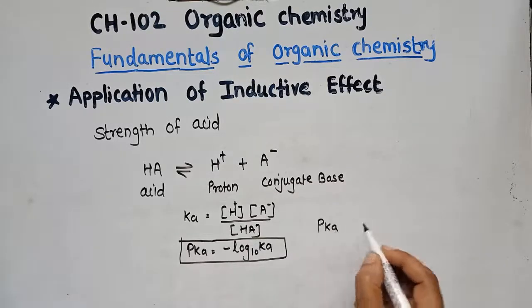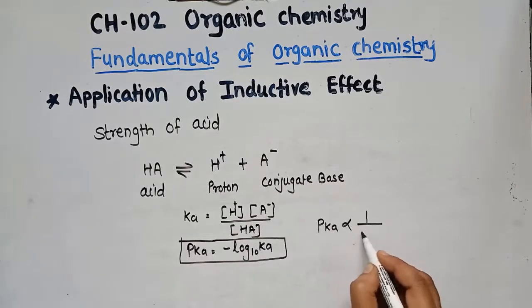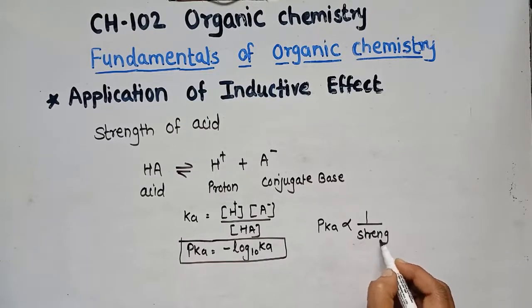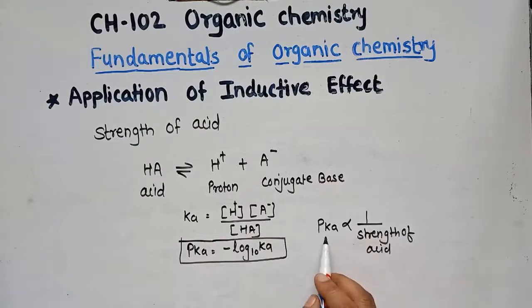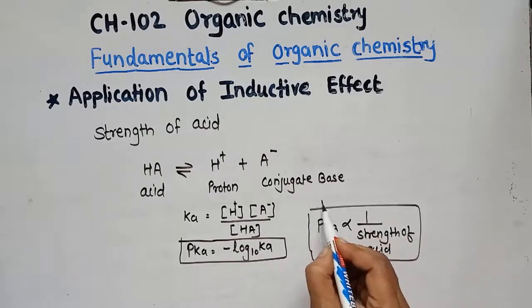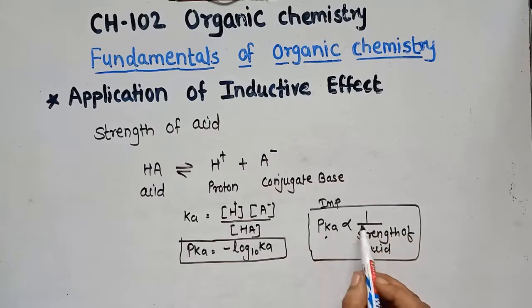The pKa is inversely proportional to the strength of acid. So smaller the pKa, stronger is the acid. Larger the pKa, weaker is the acid. You have to remember this point. It is very important.